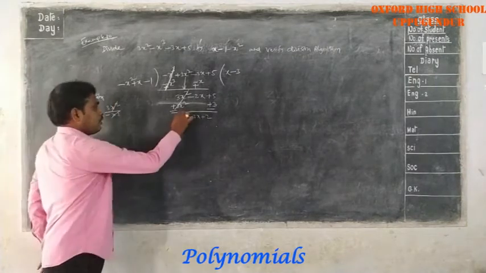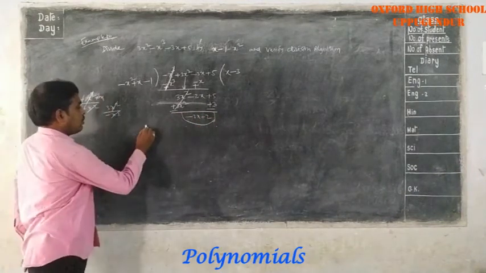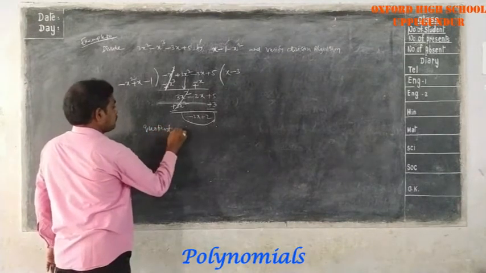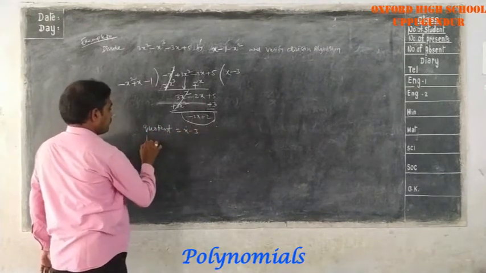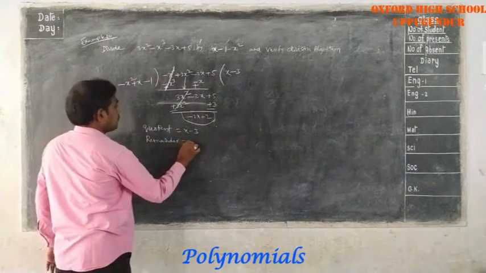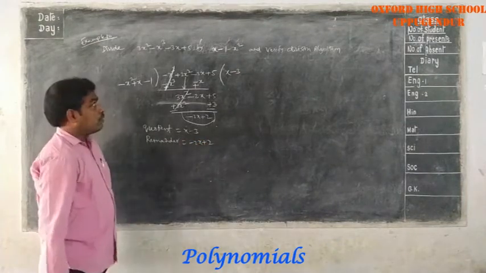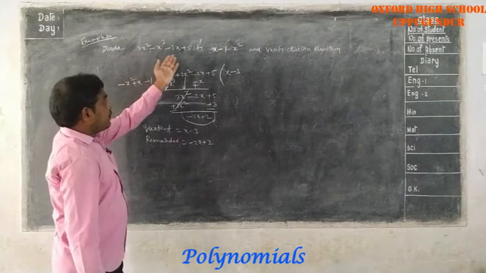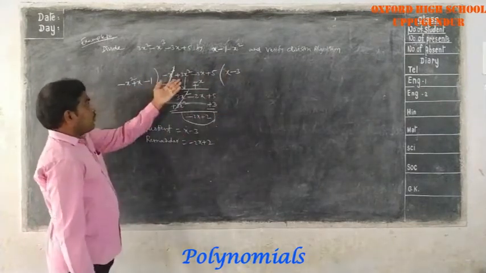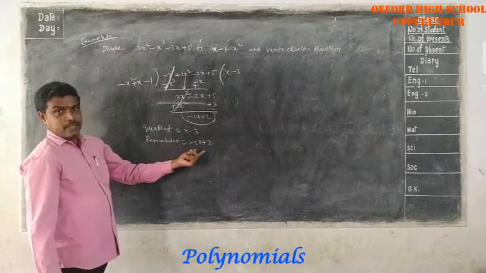That's why up to here we can stop the division. So the quotient is x minus 3, and the remainder is minus 2x plus 2. What they are asking is, divide this by this and verify the division algorithm. We are dividing this polynomial with this polynomial. We are getting the quotient as x minus 3 and the remainder as minus 2x plus 2.